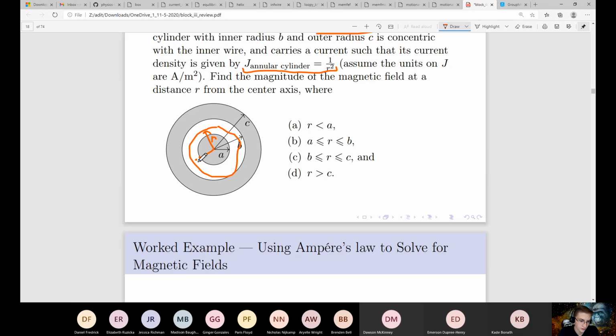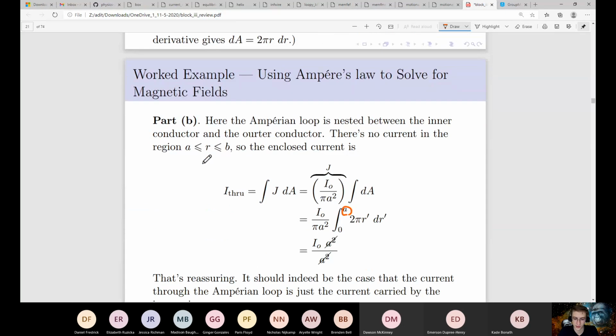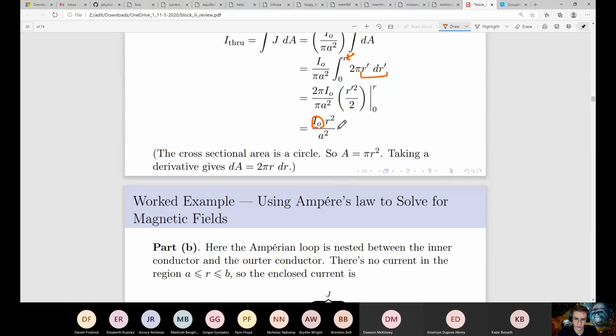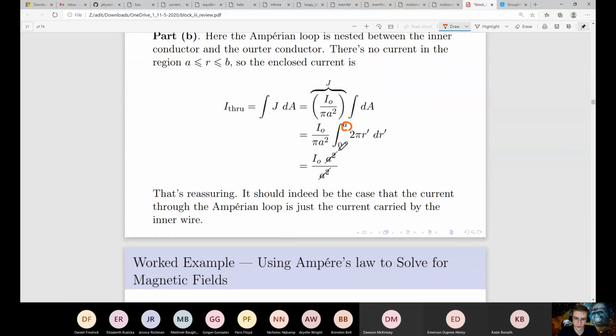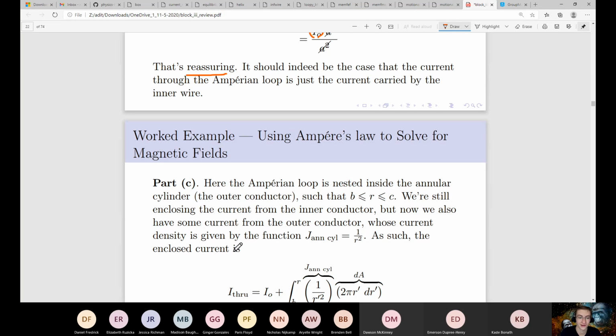I'm not enclosing any current past a, so I have to set a to be my upper bound of integration. And indeed, if I take that same integral and plug in a instead of r for that upper bound, I get the same thing, but the a's cancel, and I get that the current enclosed is I naught. That's reassuring. Cool.